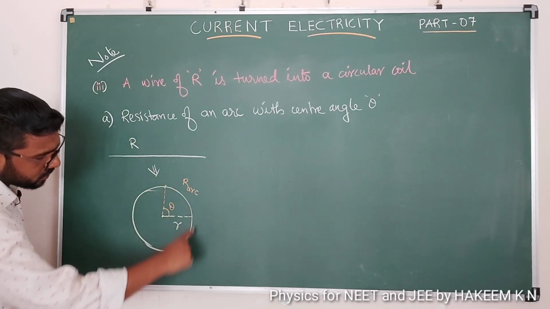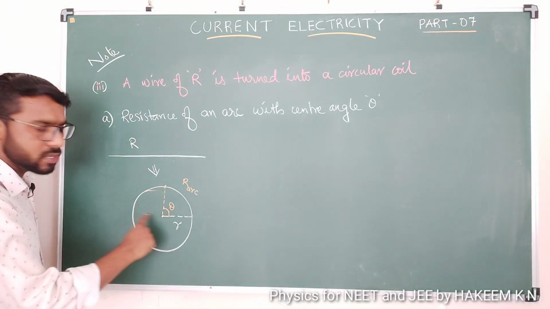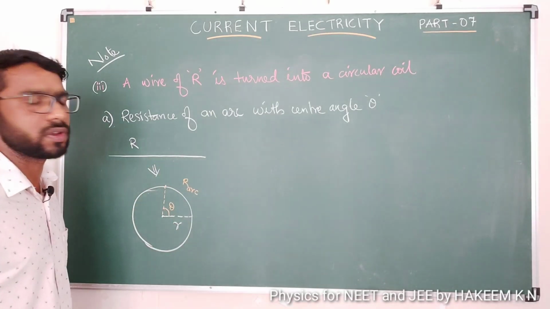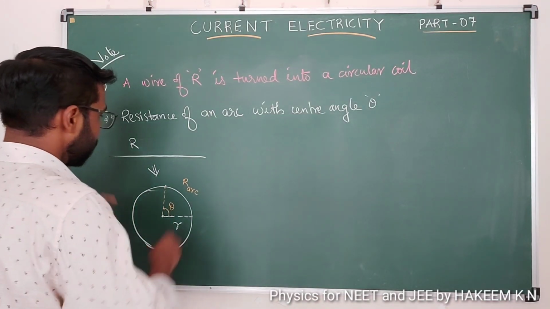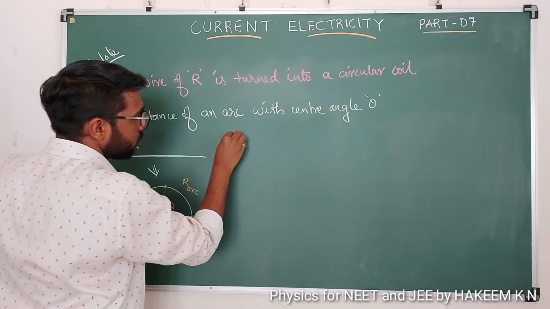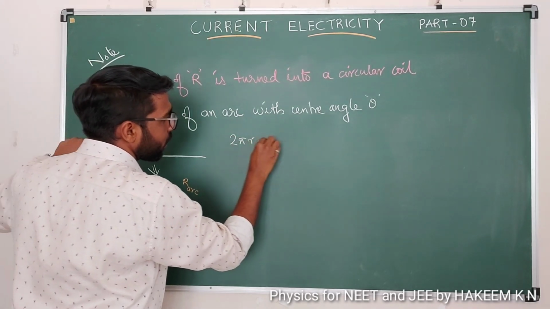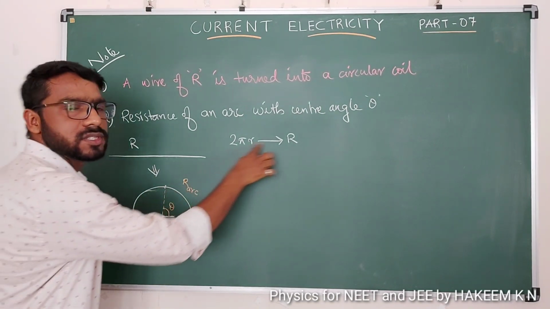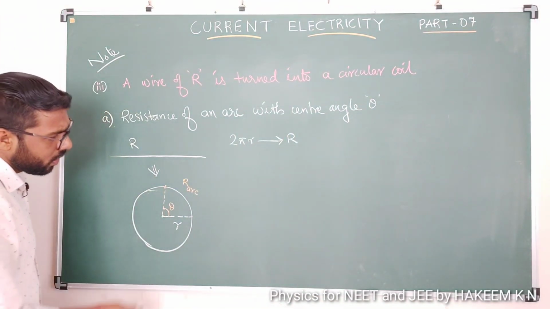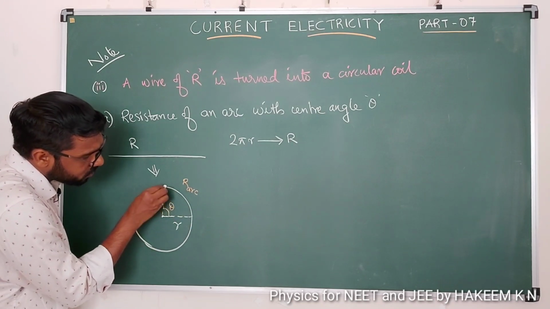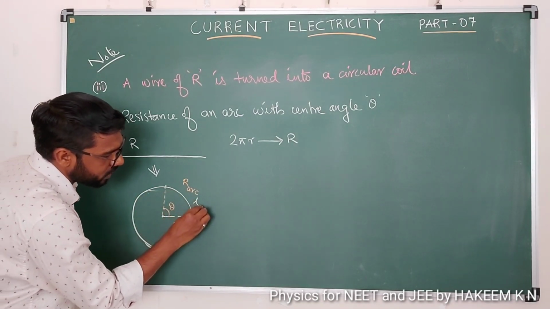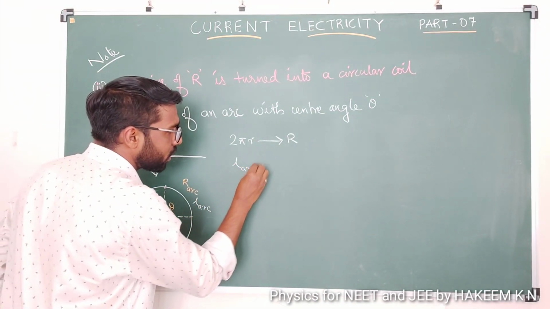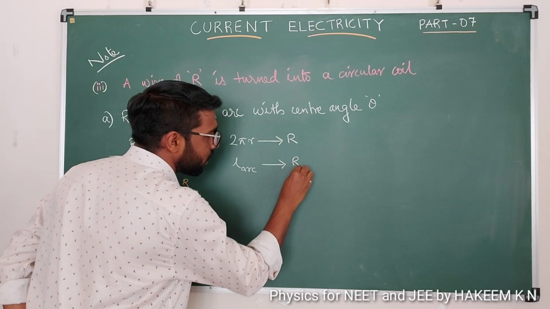We know that the resistance of the total circular coil is equal to R, because it is made using a wire of resistance capital R. So we can say for 2 pi r length, resistance is capital R. For the circumference, resistance is capital R. And for the length of the arc, resistance is R arc.